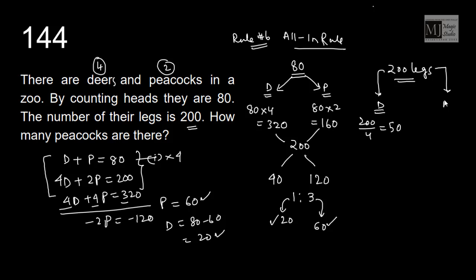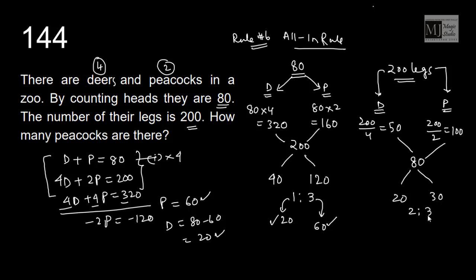And if all legs belong to peacocks, then there should be 200 by 2, that is 100 peacocks. But we have got 80 animals. Head count is 80. Now we can use our butterfly with these three numbers. 80 minus 50 is 30 and 100 minus 80 is 20.